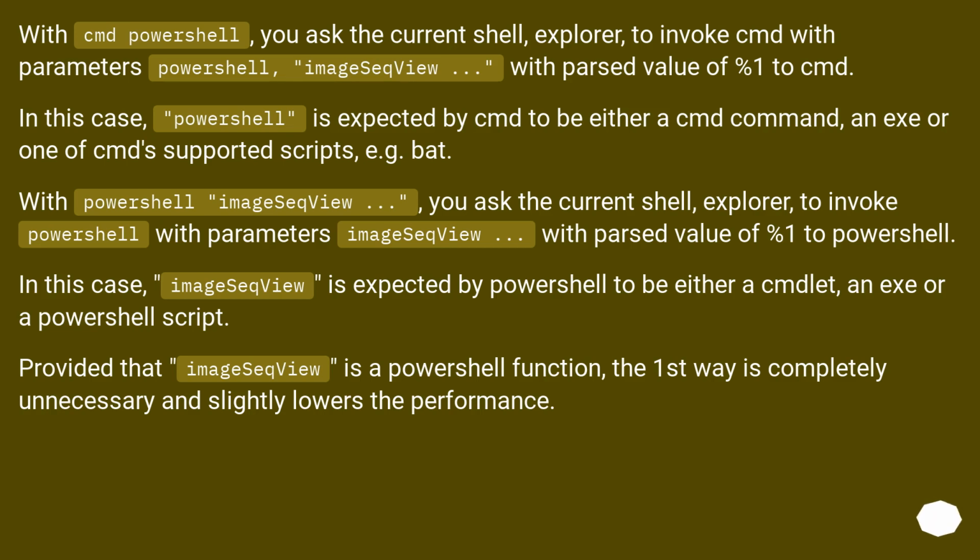With PowerShell, you ask the current shell, explorer, to invoke PowerShell with the command, with the parsed value of %1 passed to PowerShell. In this case, the command is expected by PowerShell to be either a command line, an exe, or a PowerShell script. Provided that it is a PowerShell function, the first way is completely unnecessary and slightly lowers the performance.